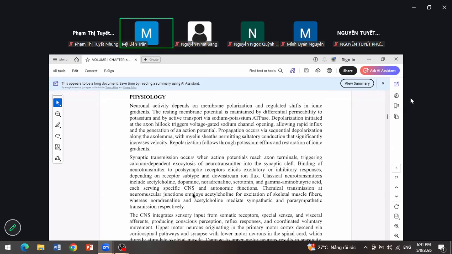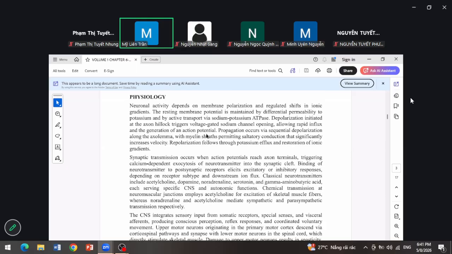Physiology. Neuronal activity depends on membrane polarization and regulated shifts in ionic gradients. The resting membrane potential is maintained by differential permeability to potassium and by active transport via sodium-potassium ATPase.